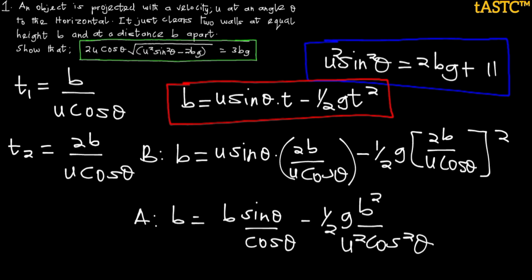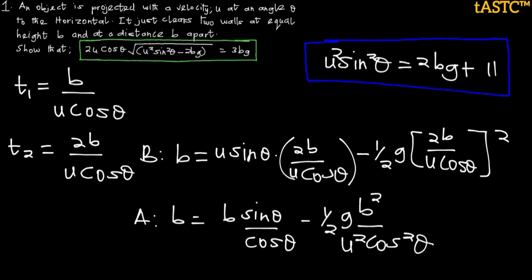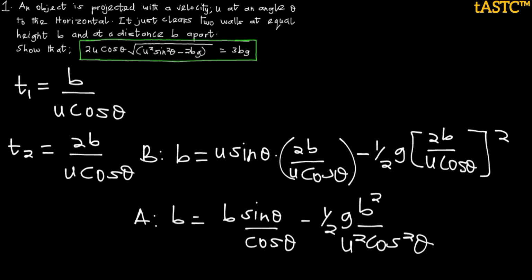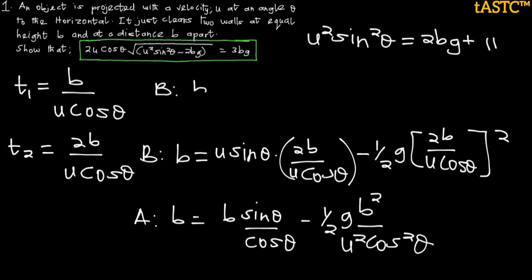So if I want to rewrite this, I think I'm going to take this one out for now. So I think I'm going to wipe these also out. Just need to remember that u squared sine squared theta was equal to 2bg plus something. Okay? So if I want to rewrite this, b is going to be, well, that is the displacement in terms of b.